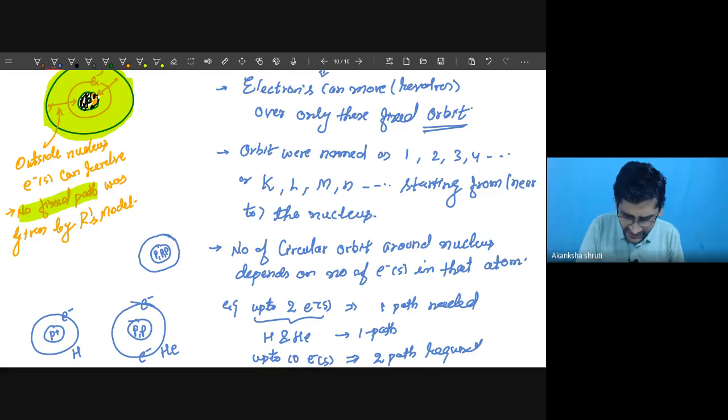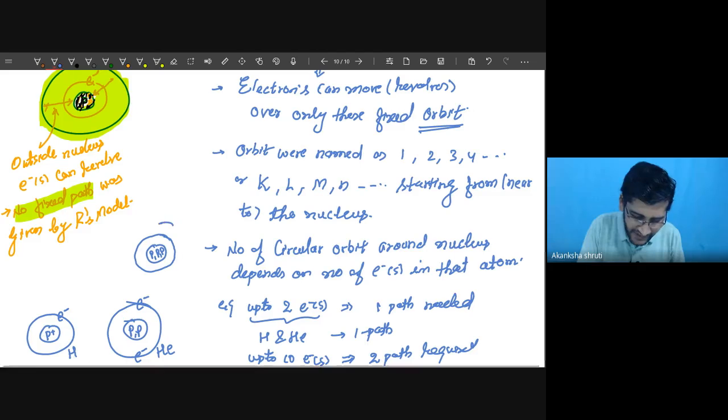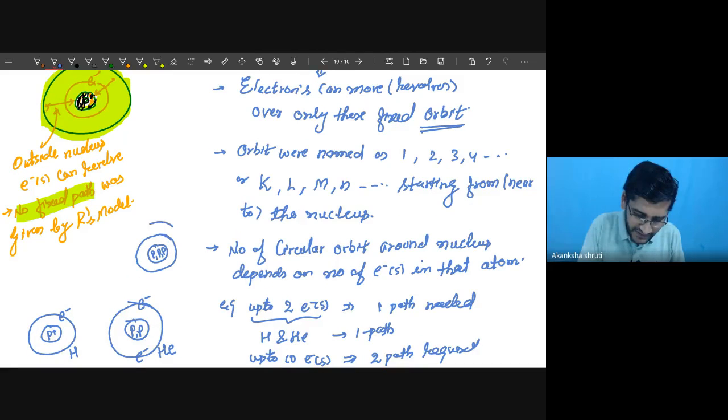The first path is this one, the other path is after this. So 2 electrons will revolve in the first, and the 3rd electron will go in the next orbit. The names of these paths are given by numbers. You may consider this as n equals 1, or path.